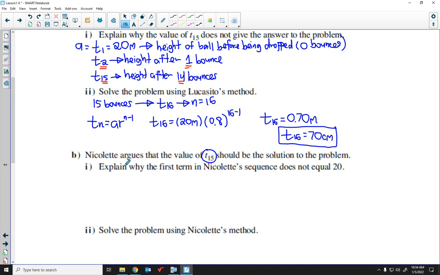Now, it says explain why the first term in Nicolette's sequence does not equal 20. Okay, well, just think of it like this. She wants T15, which is n equals 15, to be the height after 15 bounces.